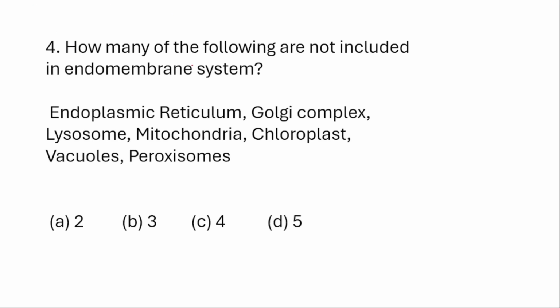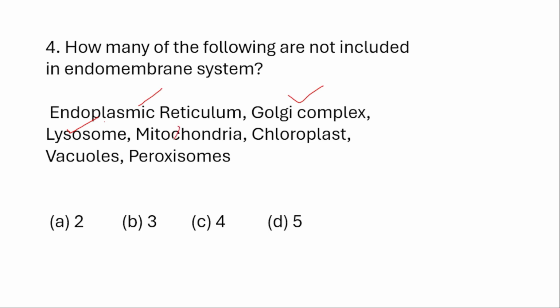How many of the following are not included in the endomembrane system? Today we learnt about the endomembrane system only. The endomembrane system has what? ER, that is endoplasmic reticulum, yes. Next, Golgi complex, yes. Lysosome, yes.